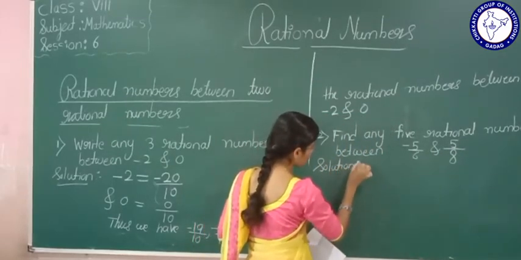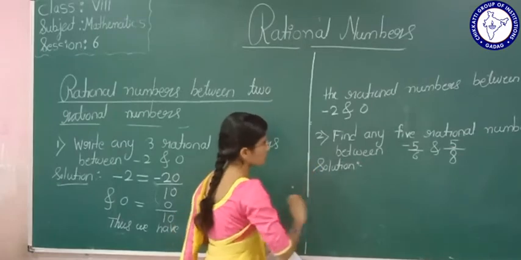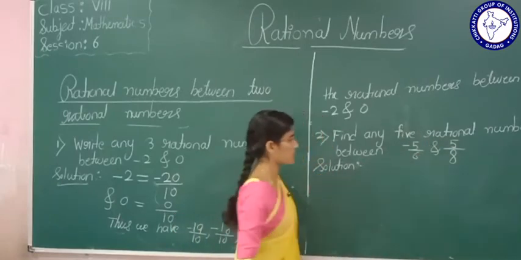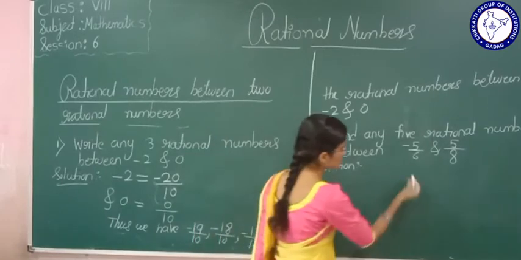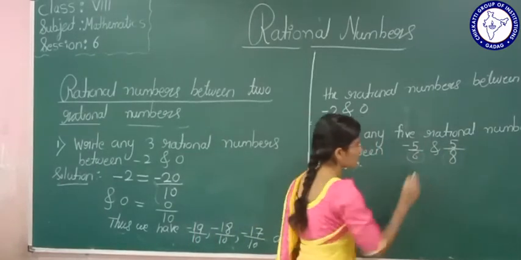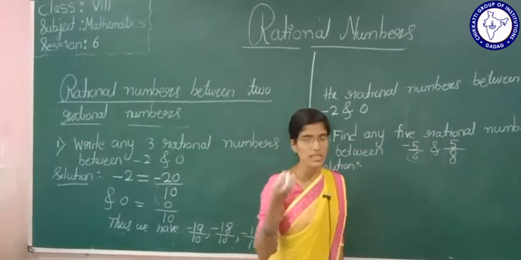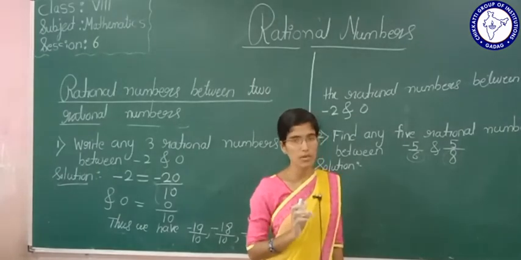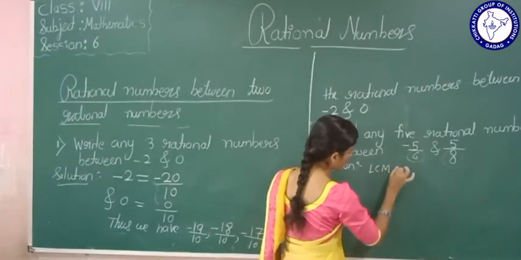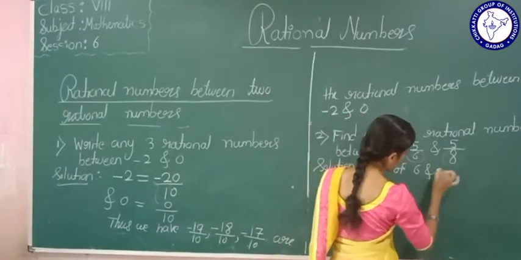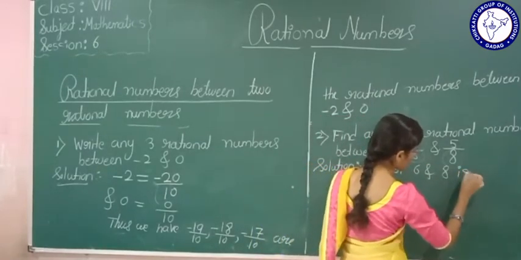They told to find out any 5 rational numbers between minus 5 by 6 and 5 by 8. See, students, here the denominators are not the same. We will make the denominator the same. To make the denominator the same, we will take the LCM. See, what is the LCM of 6 and 8?